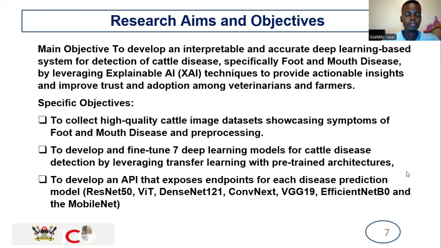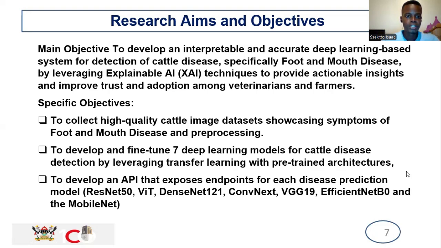In our research, we aim to develop an interpretable and accurate deep learning-based system for detection of cattle diseases, specifically foot and mouth disease, by leveraging XAI techniques to provide actionable insights and improve trust and adoption among veterinarians and farmers.